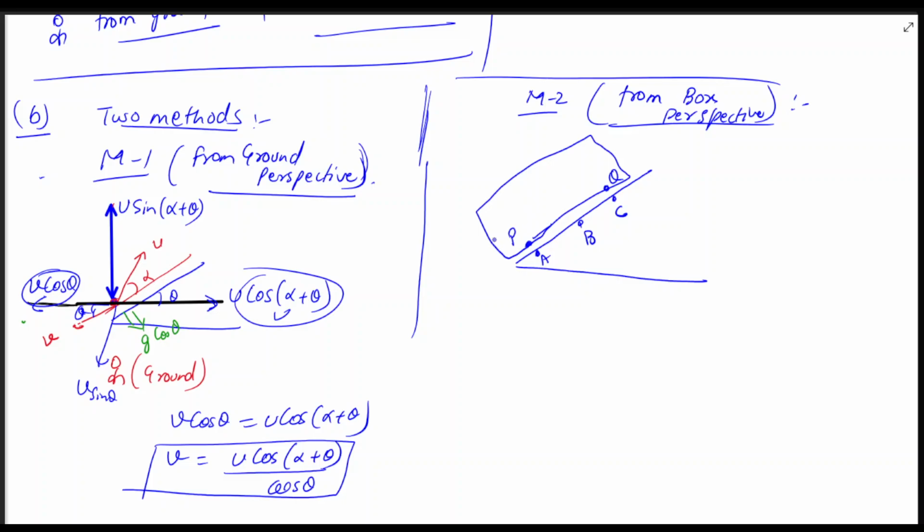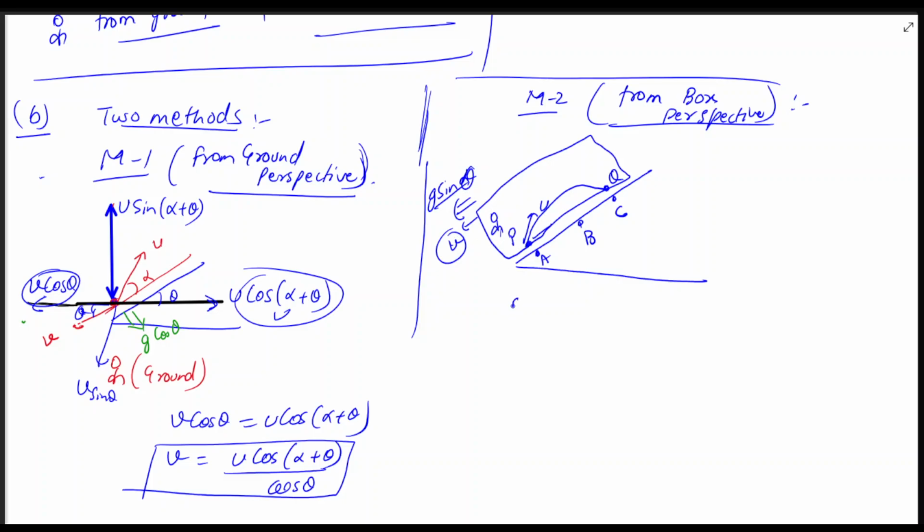So when I throw this particle and I'm looking at it here, no matter what V is, it will be sliding with an acceleration g sine theta, right? So no matter what this V is, the particle will always reach at Q. Now look here.